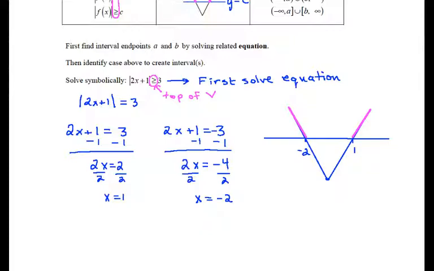And therefore, my solution set looks like the interval from negative infinity up to negative 2. Now I'm going to match the bracket to the inequality. This is an inclusive inequality, so I'll go ahead and use a square bracket here, put in a union symbol, and start over again at 1 and go to positive infinity.